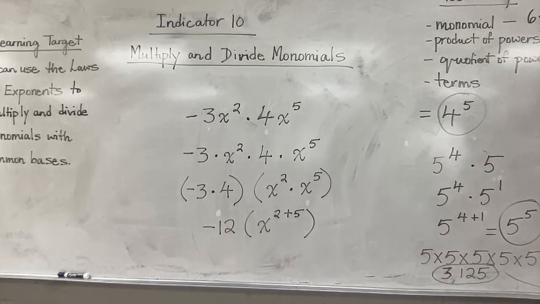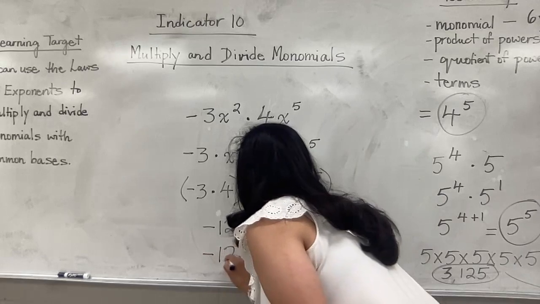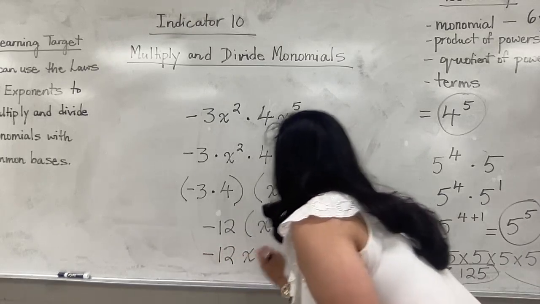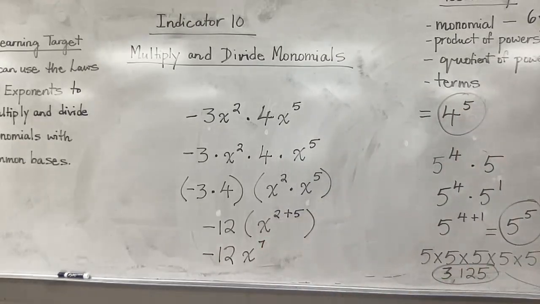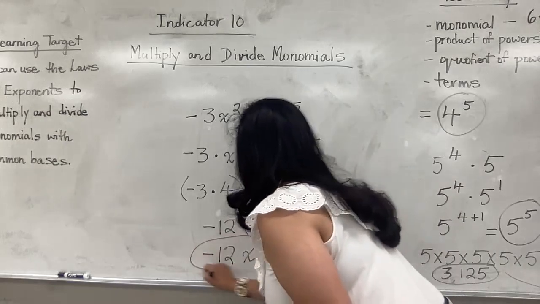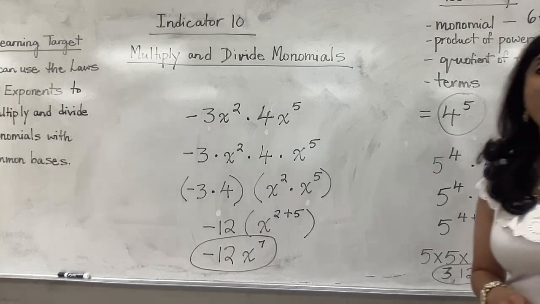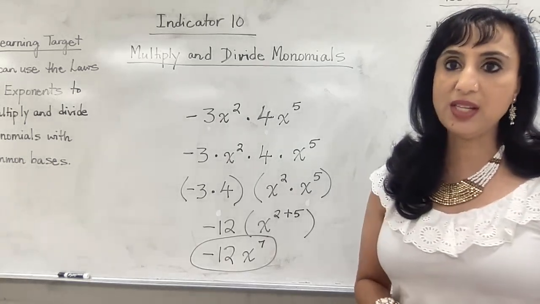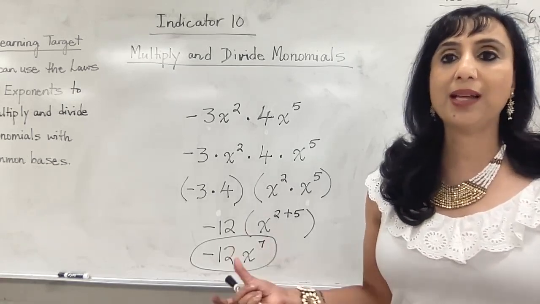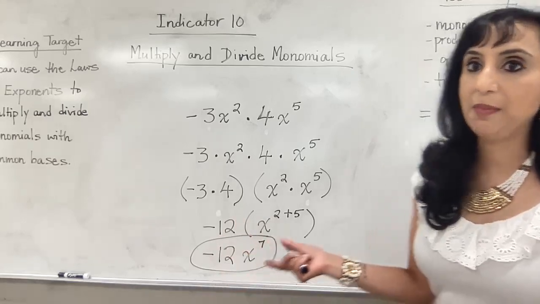And so then I end up with -12, and what is 2 plus 5? That is 7. So -12 x to the seventh power is my final answer when I simplify. So whenever we are multiplying monomials with coefficients, please multiply the coefficients, and then if the bases are the same, we are adding the exponents.